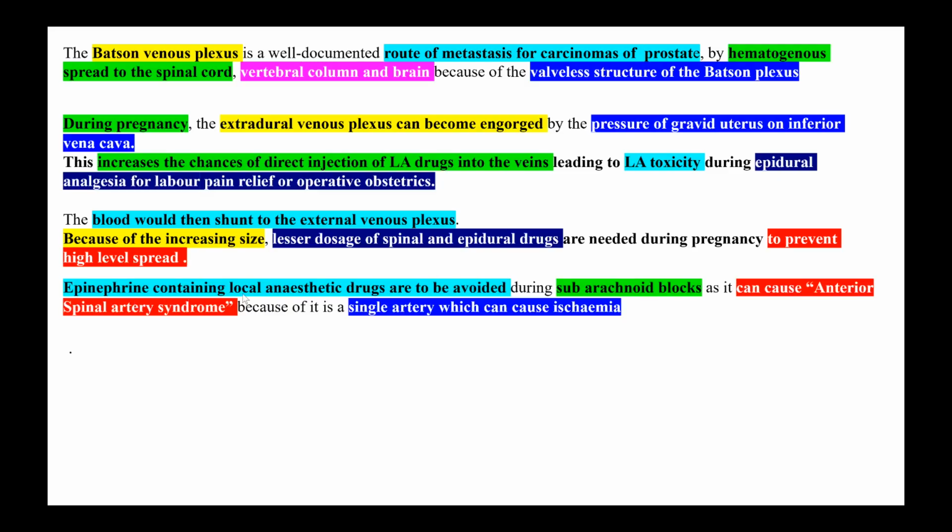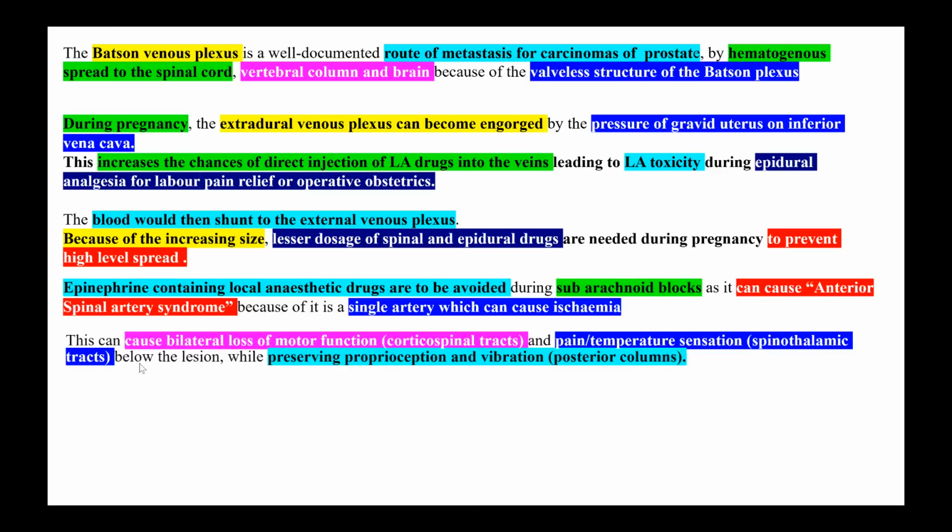Epinephrine containing local anaesthetic drugs are to be avoided in subarachnoid block, because they can cause anterior spinal artery ischemia. This leads to bilateral loss of motor function from the corticospinal tract, and of pain and temperature sensation, which is carried by the spinothalamic tract. But the posterior column sensations will be preserved.